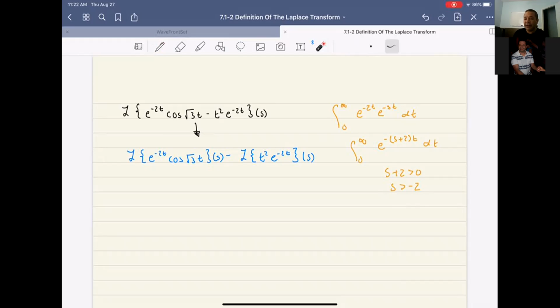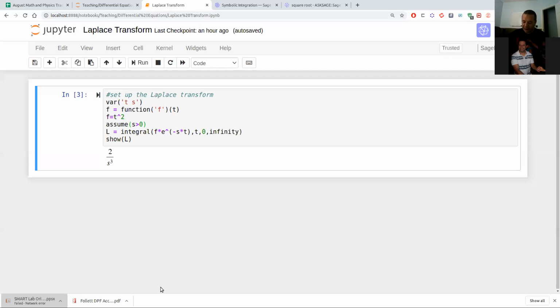Okay, so let me go ahead and go to my Sage notebook, and we're going to compute these Laplace transforms. So this is what we had before.